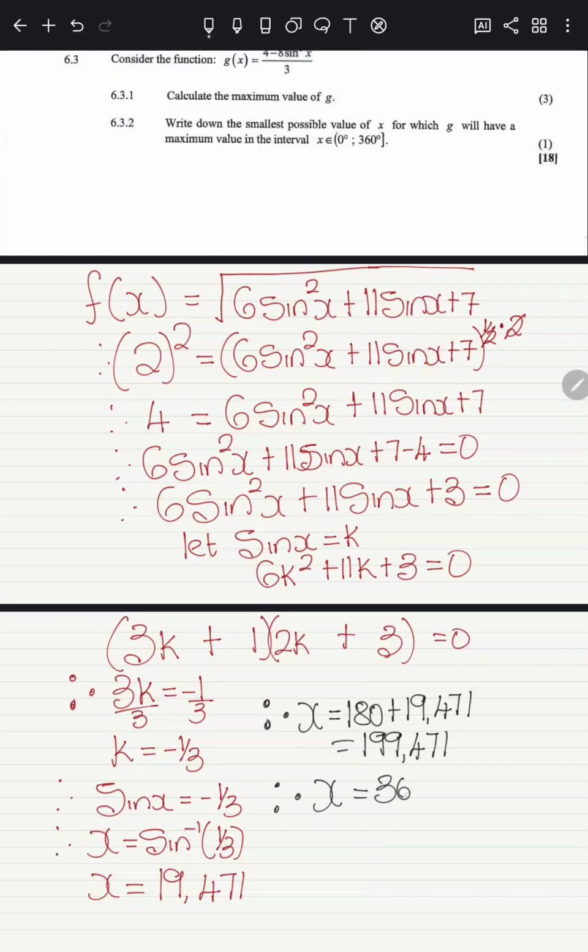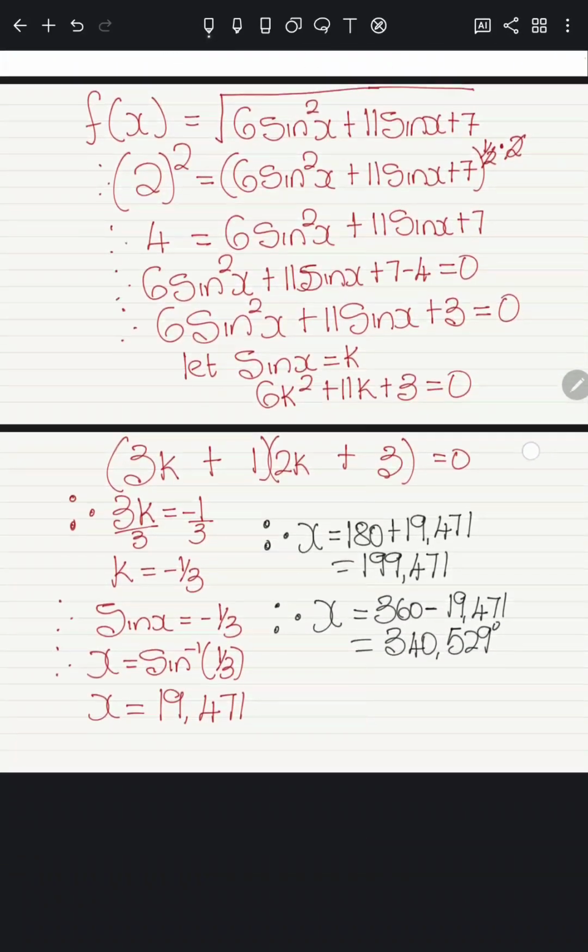That is 360 minus 19.471. Using a calculator, that is basically 340.529. Then you are almost done.